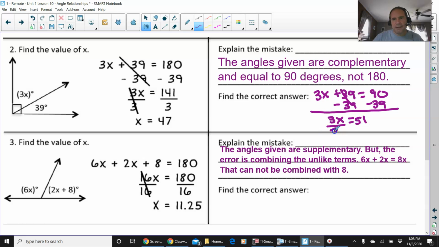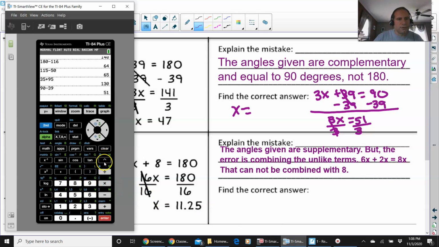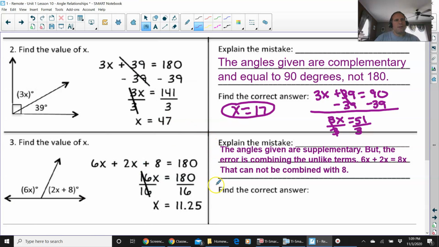Then when you divide by 3 on both sides, x is equal to 17 instead of 47. So that's number 2.